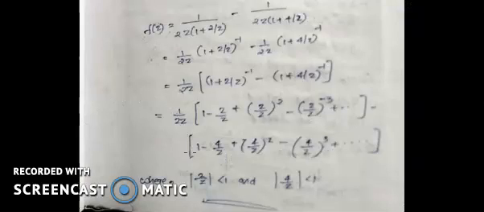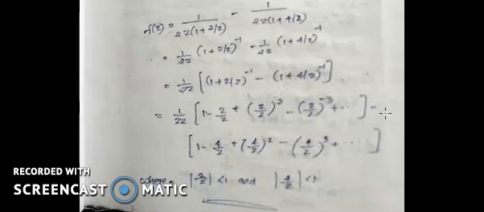Now expanding this, we know the formula, right? (1 plus z) the whole inverse is 1 minus z plus z squared minus z cubed and so on. So instead of z we have 2 by z: 1 minus 2 by z, plus (2 by z) the whole square, minus (2 by z) the whole cube, etc. The sign is alternately minus, plus, minus, like that it goes on.